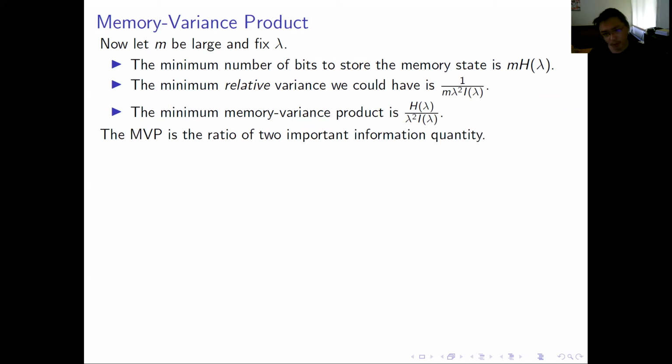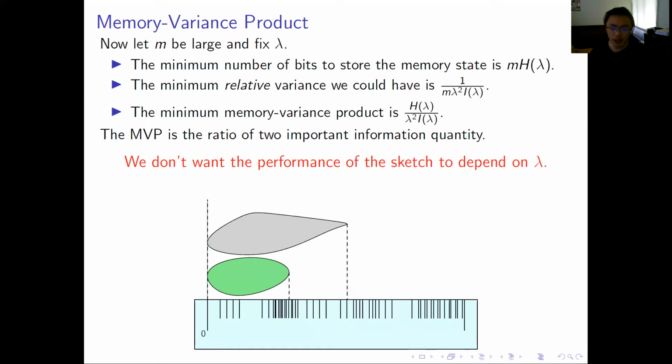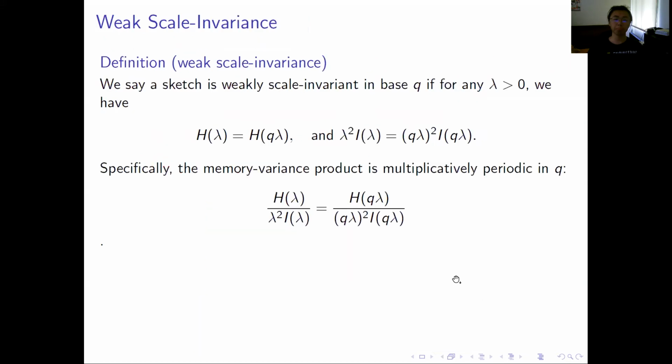But we are not done yet, because this memory variance product still depends on lambda, your hidden parameter, which is not ideal. As an analogy, let's say we are designing some rulers, which are used to measure the length of objects. We don't want the ticks on the rulers to be uneven. Basically, we want the same precision for objects of different lengths. Ideally, we want a ruler with fully even ticks, but this is too much.